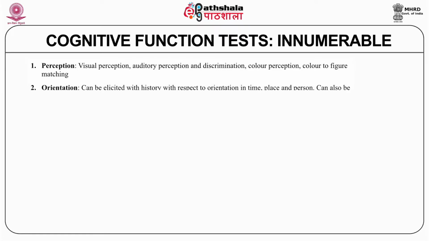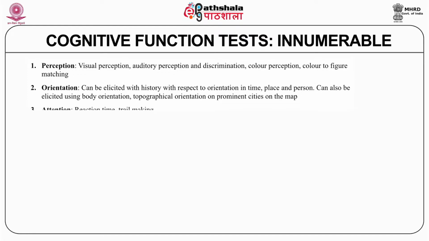In case of orientation, it can be elicited with respect to history in the orientation in time, place and person. It can also be elicited using body orientation, the topographical orientation on the prominent cities on the map. Then attention can be judged through reaction time, trail making.